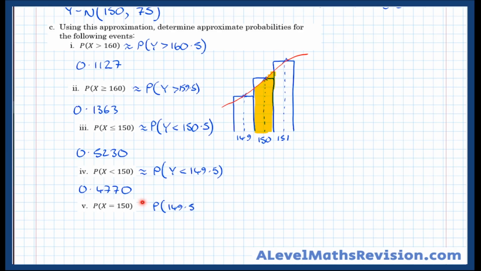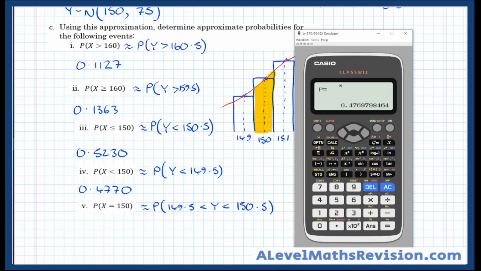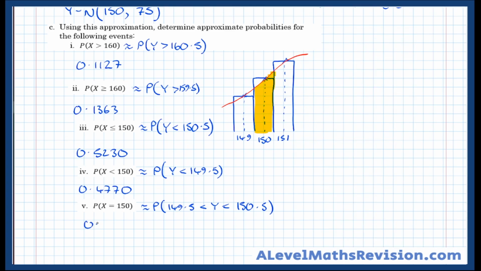And I should actually use the approximately equal to sign here. 149.5 less than our normal variable y, which is less than, and the upper bound will be 150.5. So the lower bound 149.5, the upper bound 150.5, and 0.04604 is the answer.